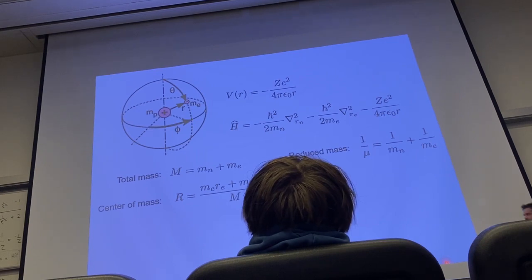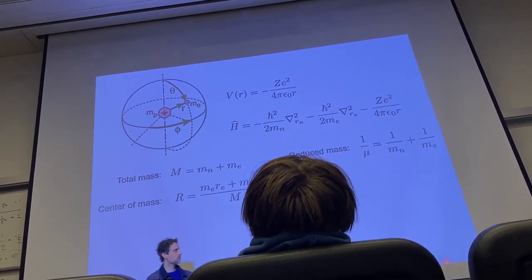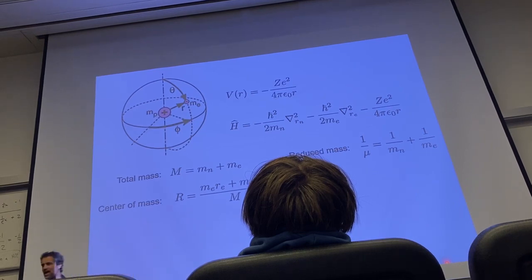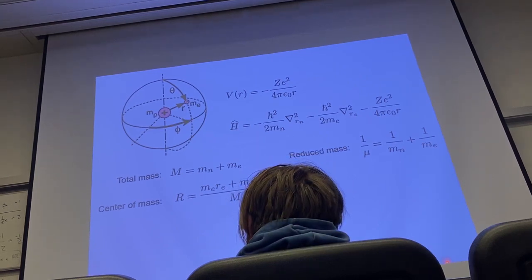Clearly, I'm not really interested in this part, okay? I'm interested in the second part, which is the reduced mass. The reduced mass is kind of like the combination of the two, and it's defined in a different way. 1 over the reduced mass equals 1 over the mass of the nucleus plus 1 over the mass of the electron. This is a very common way for describing a reduced quantity of 2 ingredients, right?